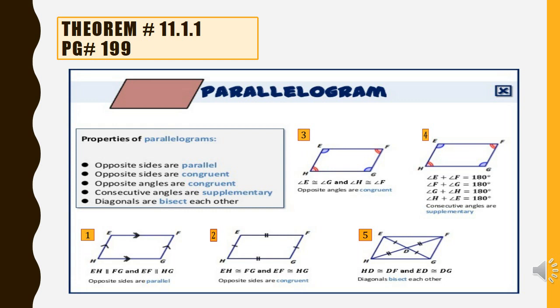Apply the same rule on all the other sides. The last property is that diagonals bisect each other. In the fifth diagram of this page, in parallelogram EFGH, HF is the first diagonal and EG is the second diagonal, and they bisect each other, meaning they cut each other into two equal parts.